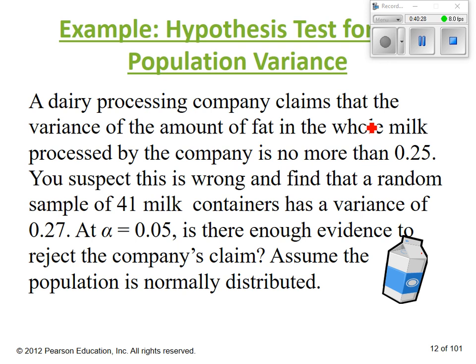It was the null, so we look at the first column, and we said fail to reject, so we go down. What's it say? There is not enough evidence to reject the claim. Then the last part, you have to tie it to the sentence.